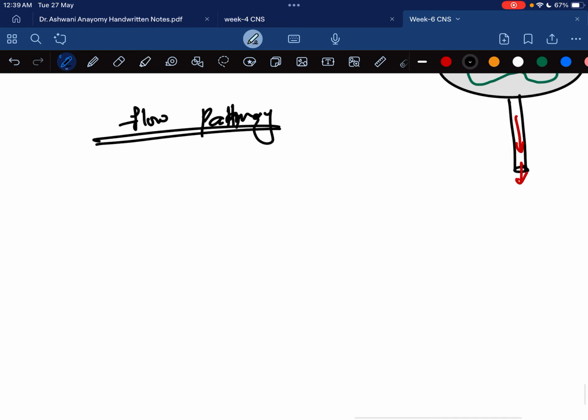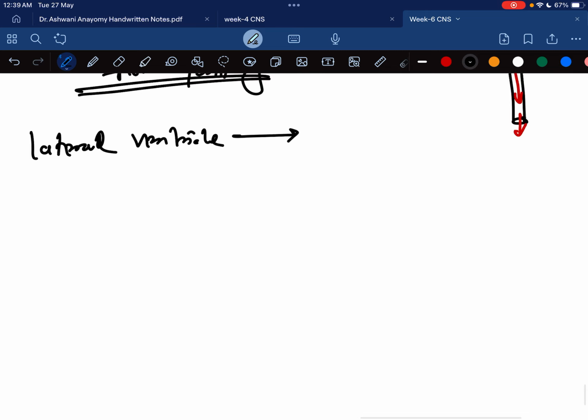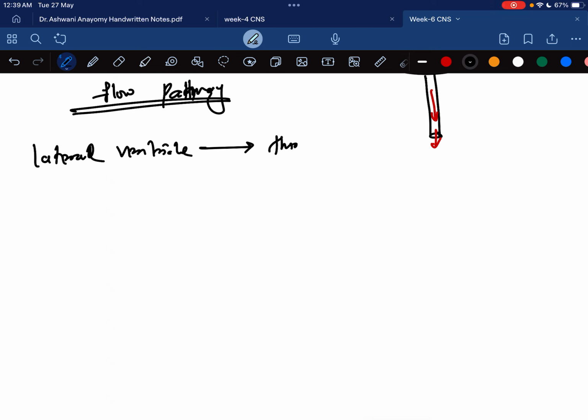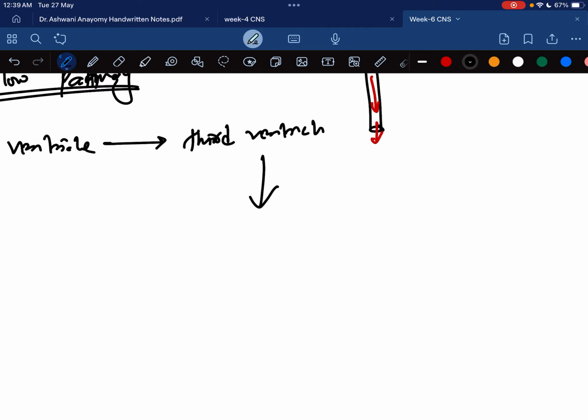In the flow pathway, first the lateral ventricle, then it passes to the third ventricle, and from the third ventricle through the aqueduct of Sylvius it comes to the fourth ventricle.